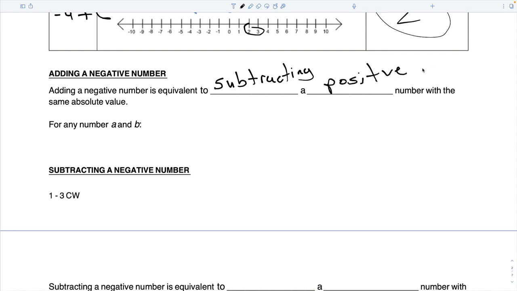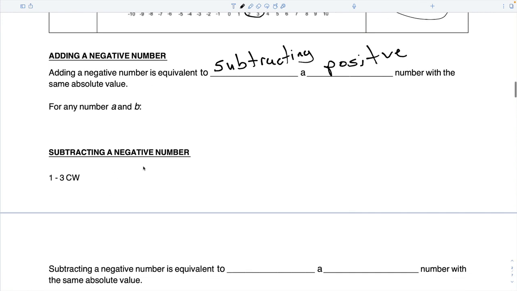Here's what that looks like. If you are adding a negative number, let's say I have some number, we'll call him A. We're adding a negative number.